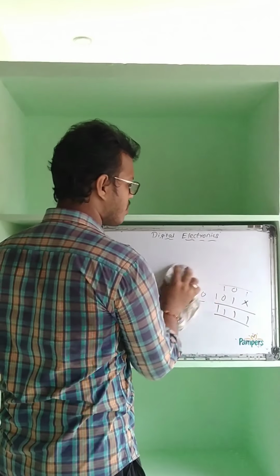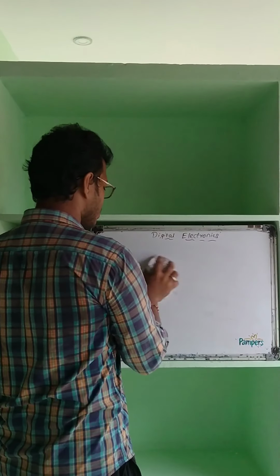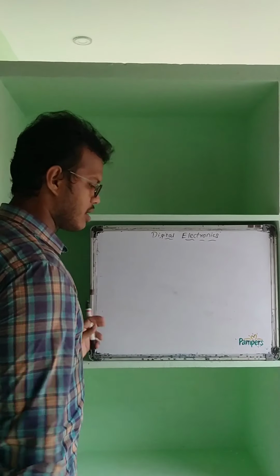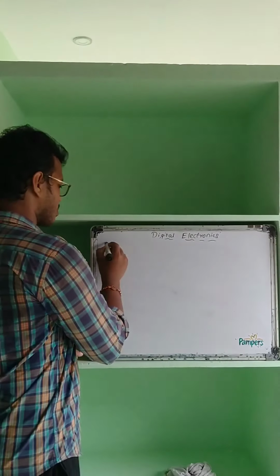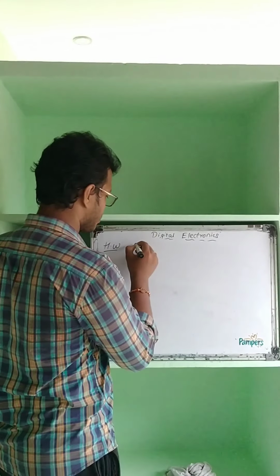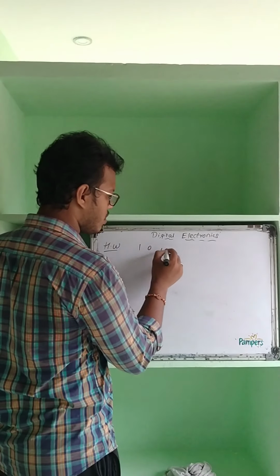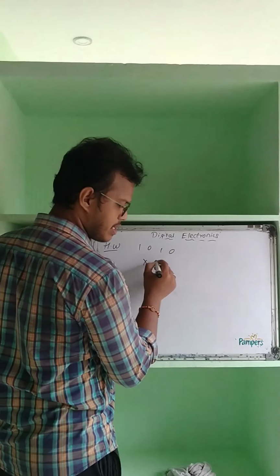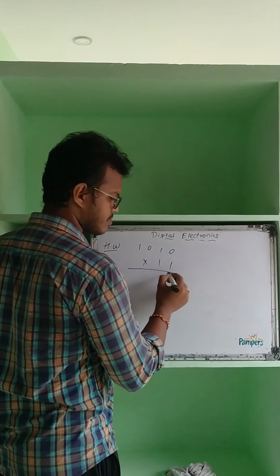So I will give one homework problem in the binary multiplication. Just do it at home. One zero is multiplied by 1.